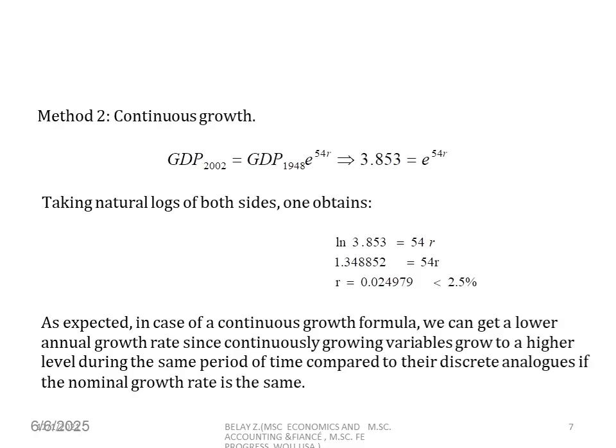Taking natural logs of both sides, one obtains ln of 3.853 is equal to 54r, so 1.348852 is equal to 54r. r is equal to 0.02479, less than 2.5%. As expected, in the case of the continuous growth formula, we get a lower annual growth rate, since continuously growing variables grow to a higher level during the same period of time compared to their discrete analogues if the nominal growth rate is the same.